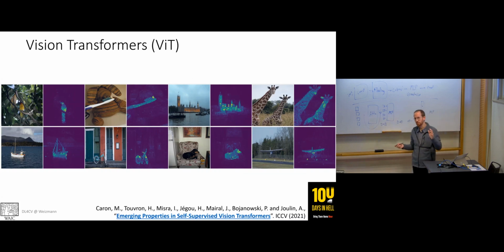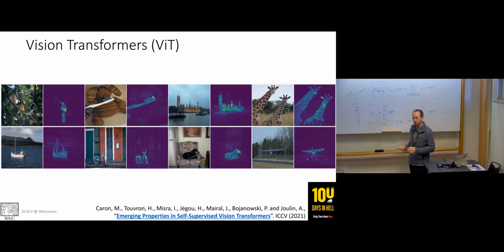Again, there was no supervision for this. The only supervision was the class label, the output for the entire image. Like a very global prediction, and yet the class token was able to focus on the foreground in the image. So if we train a classification model, we get a segmentation model for free.